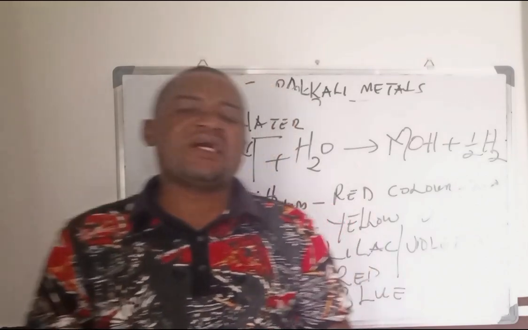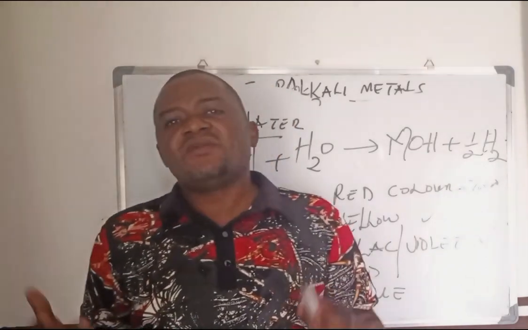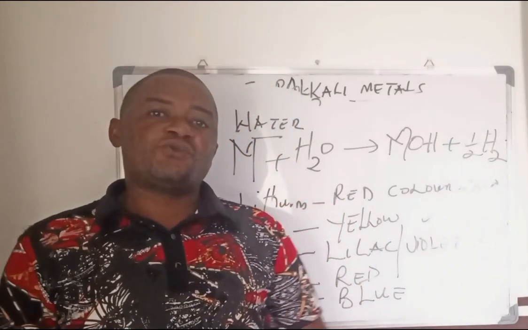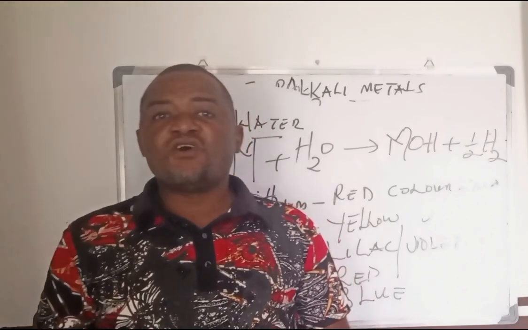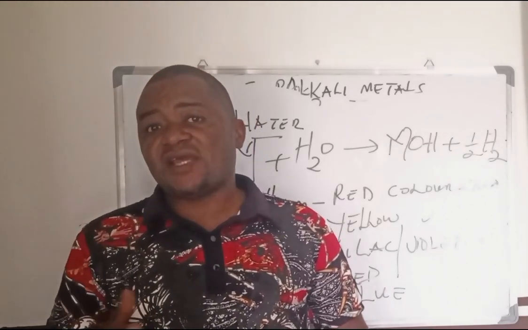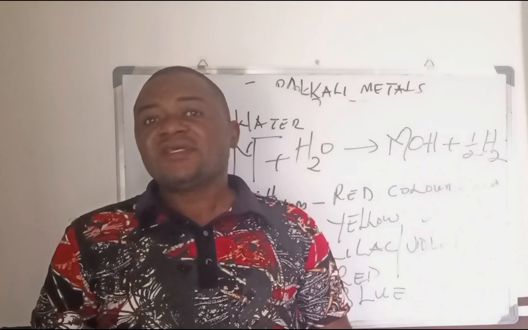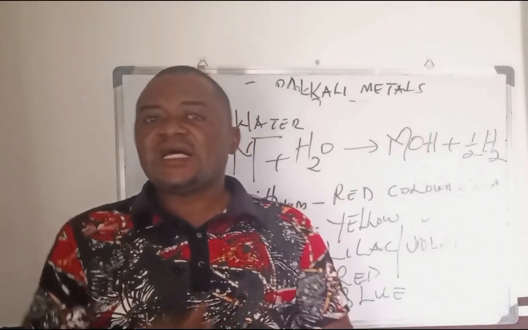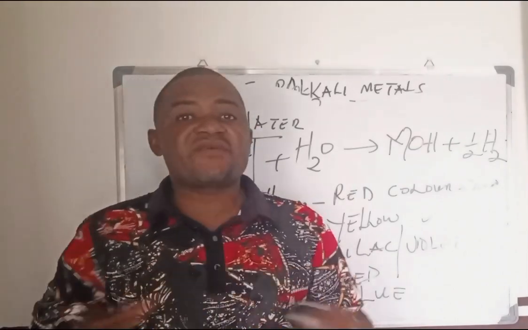Lithium also has another characteristic that makes it look like a group 2 metal. Lithium forms very stable hydrides, but every other alkali metal forms an unstable hydride that is very reactive.